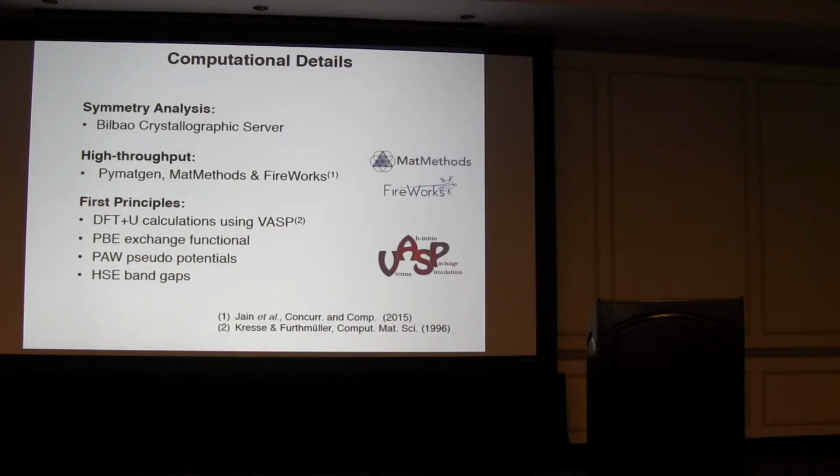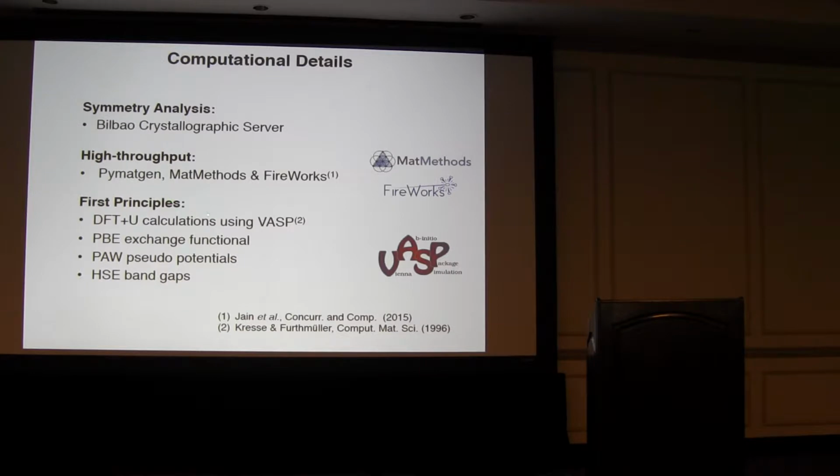Some additional details. Symmetry analysis is performed with the Bilbao Crystallographic Server. High-throughput manipulation of files and calculations is performed with pymatgen, atomate, and FireWorks, which were developed by some of the authors of this work.